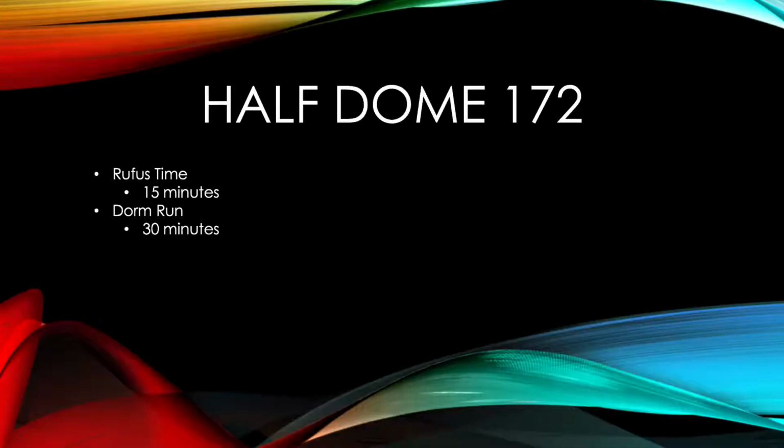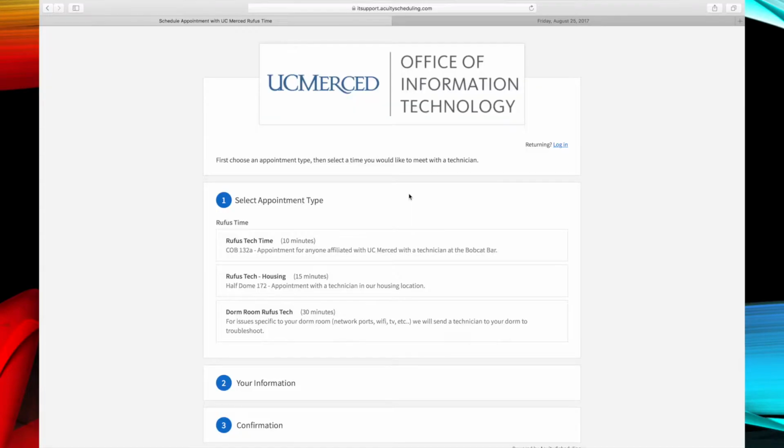The last appointment types are for Half Dome 172. There's a 15-minute Rufus Time appointment carried out in the Half Dome office for walk-ins or people who schedule it themselves. Lastly, we have a 30-minute dorm run request, which will be scheduled in the user's dorm room. Both of these appointments are available to be scheduled by the user through itsupport.acuityscheduling.com.